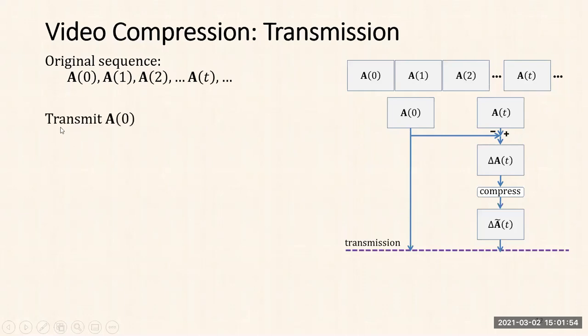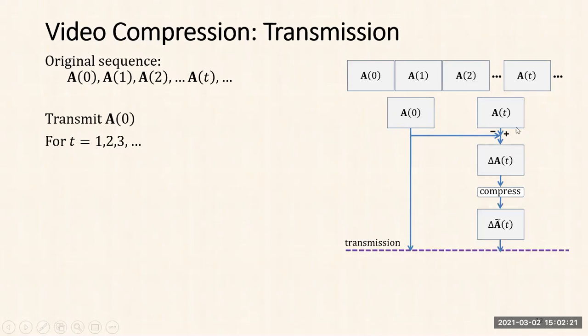First, transmit A0, the first image, uncompressed. Then for t equals 1, 2, 3, for these subsequent images, we take A_t and subtract A0 from it, the first image that you transmitted.